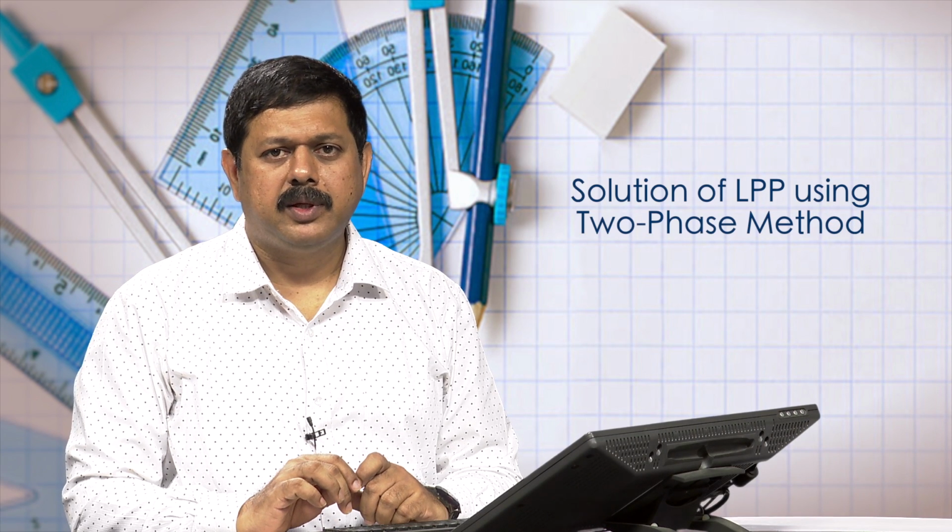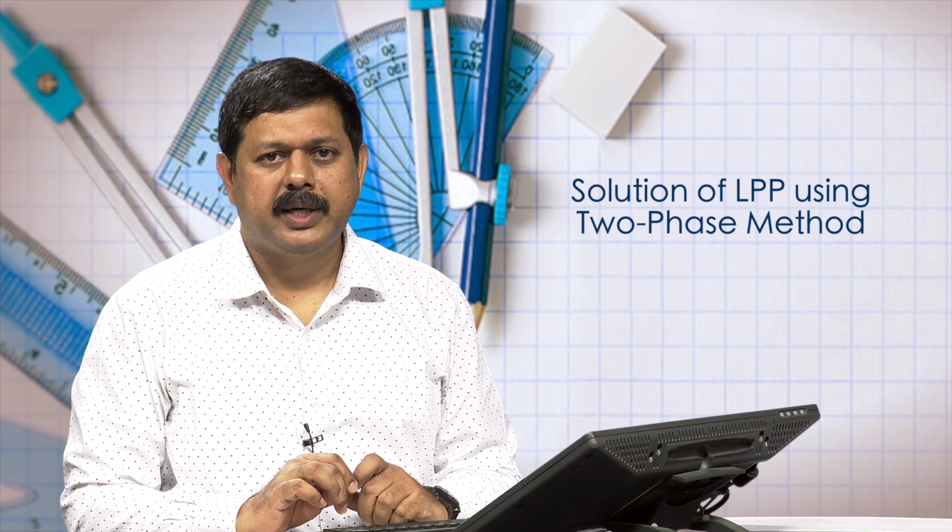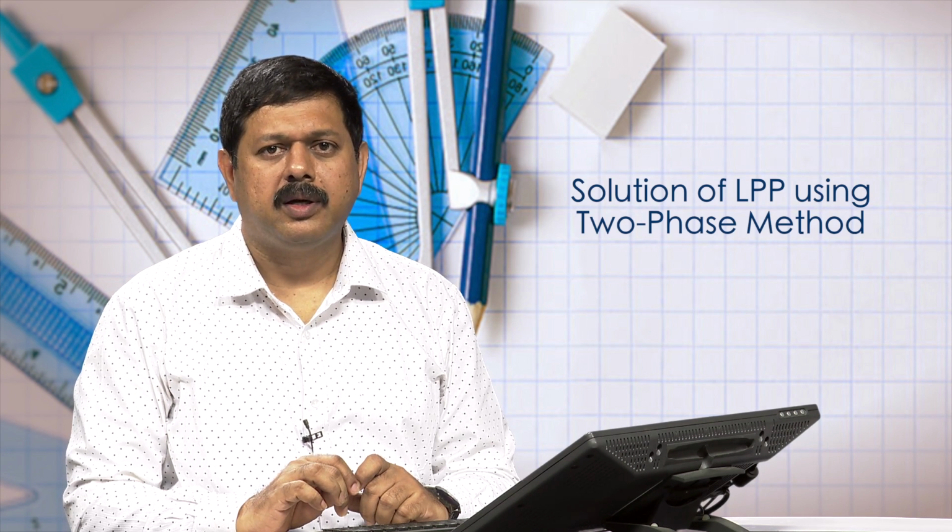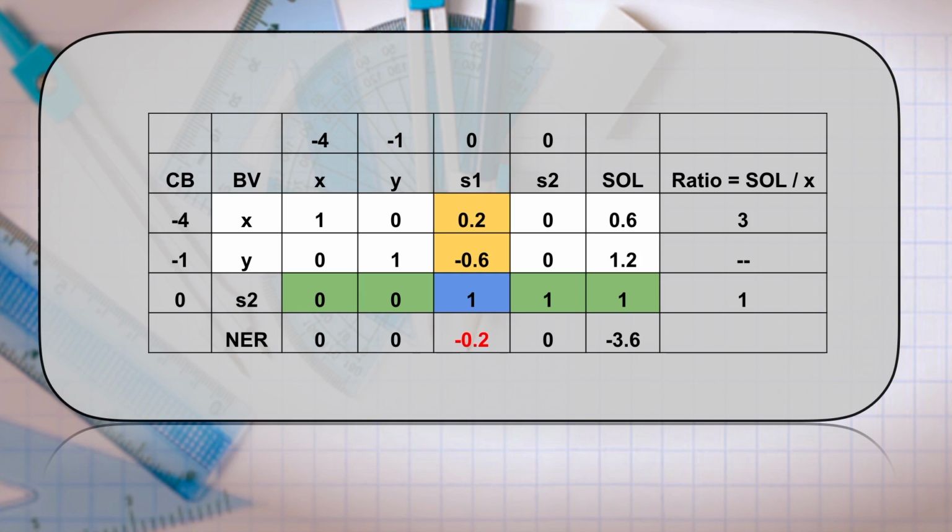This problem is equivalent to the original problem and is referred to as the starting basic solution of the phase 2 problem. Since -0.2 is the most negative NER among the NER values, S1 is the entering variable.